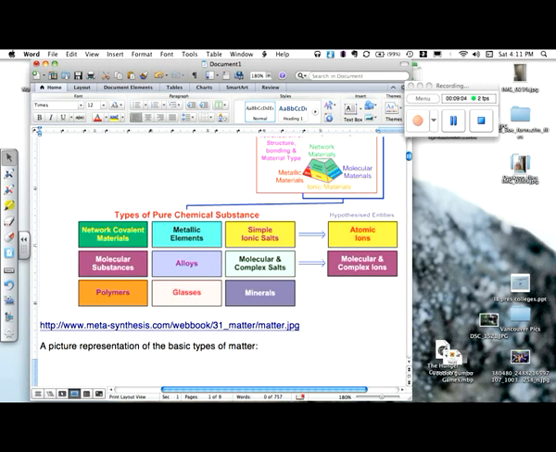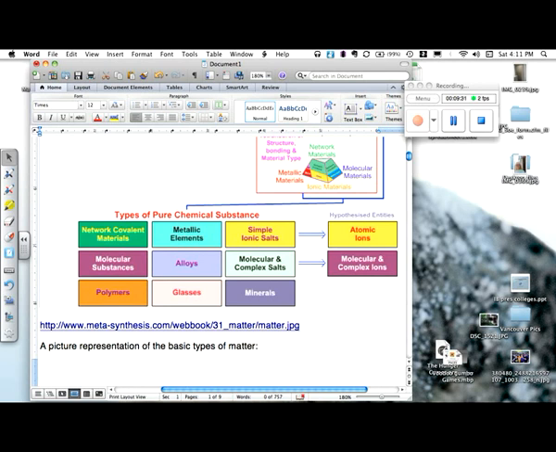So we have your network covalent, your metals, your ionic compounds, your molecular and complex salts like the ammonium phosphate, minerals, which are really, they are pure substances, but they are very complex in their chemical makeup. Glasses, that's another subcategory of a pure substance. Alloys, that's really metals.